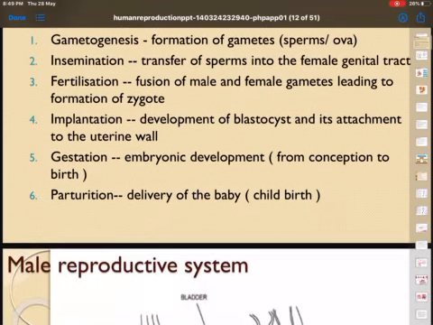Then implantation, development of blastocyst and its attachment to the uterine wall so that the embryo develops. And gestation, the period of embryonic development, right from conception to birth. And finally parturition, the process of the developed baby getting delivered, that is childbirth.